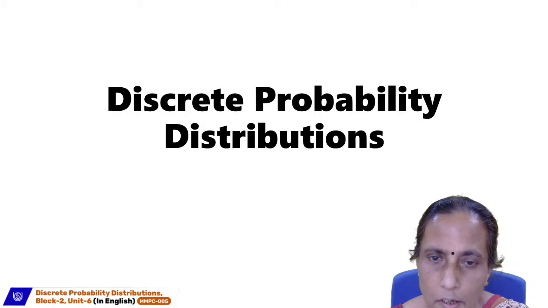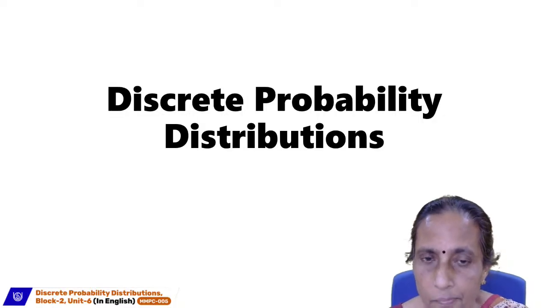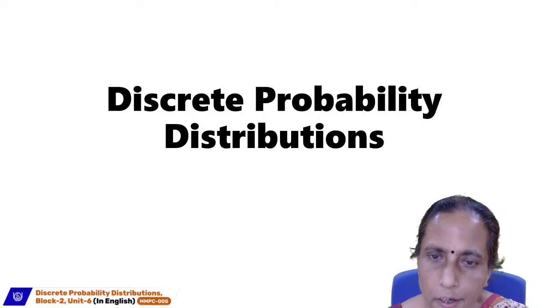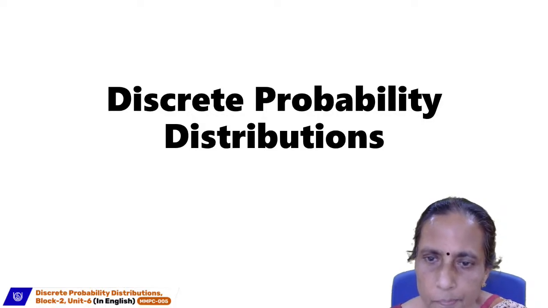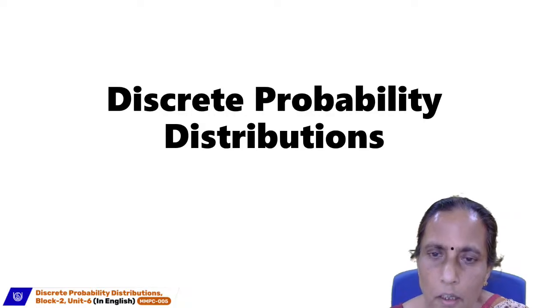Good spirit. During the last session, we went through probability, the concepts involved in understanding probability, and several approaches to probability. And finally, we landed on a theorem called Bayes' theorem.